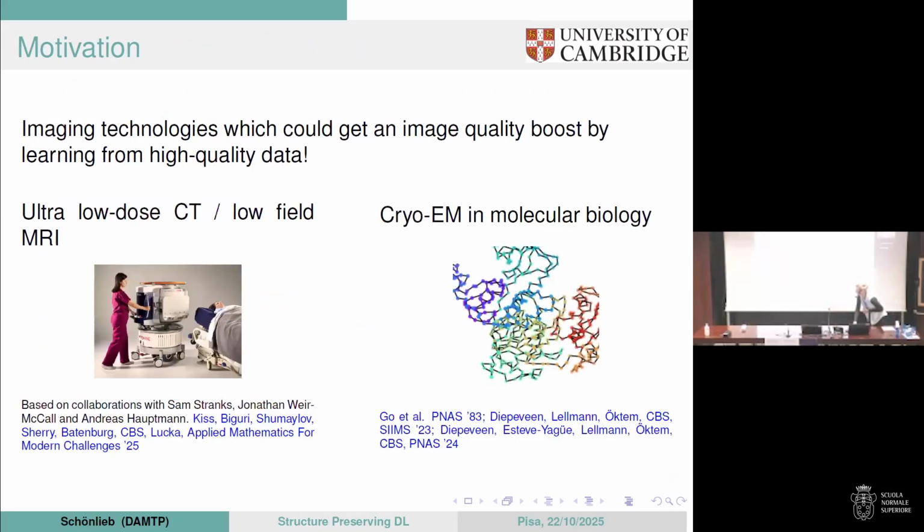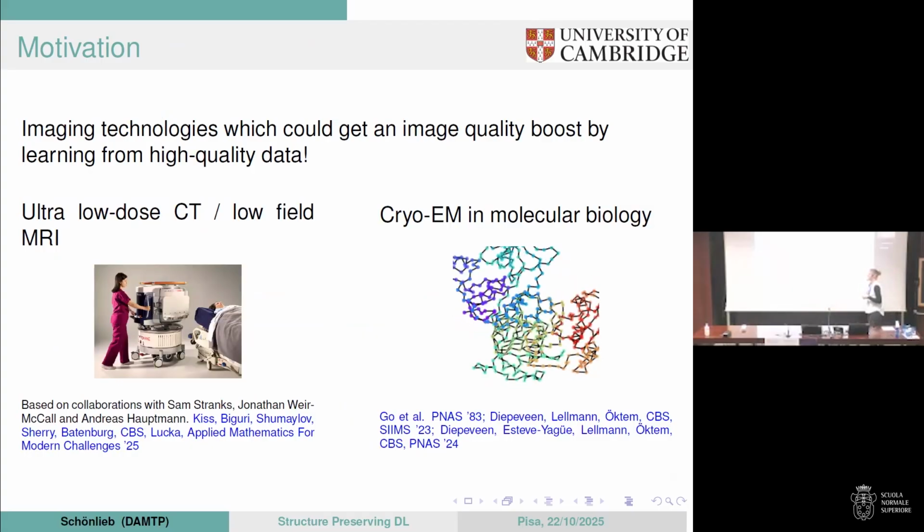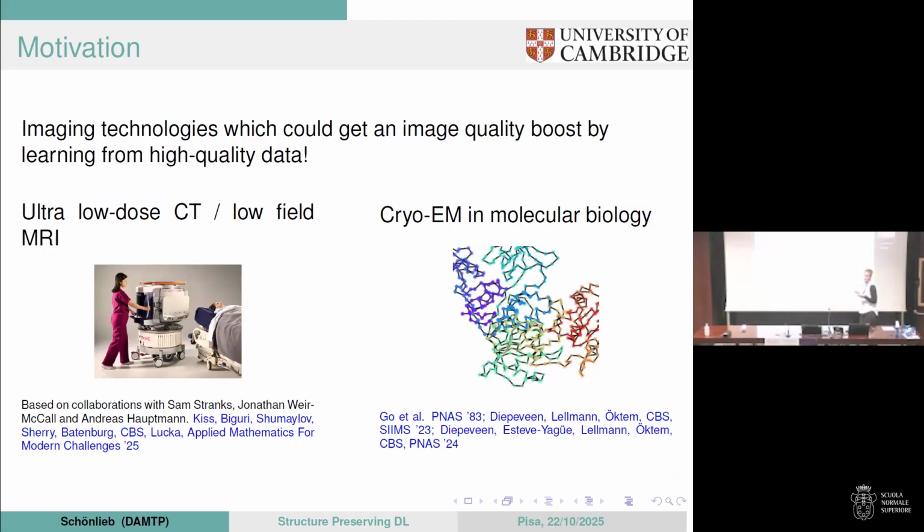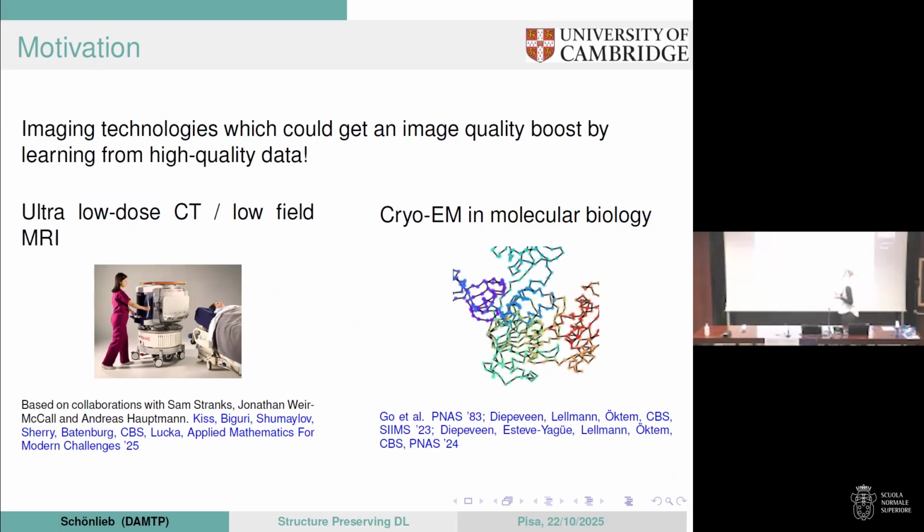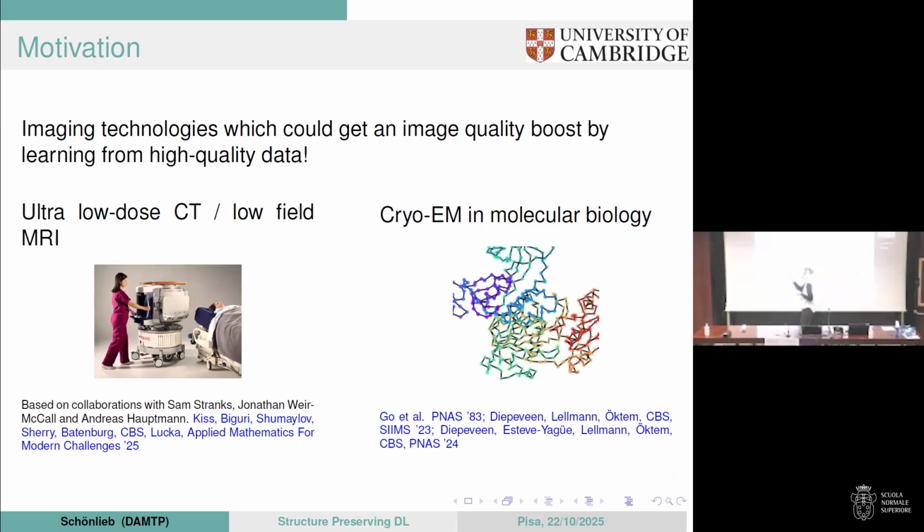The real reasons are technologies and application areas where the data is much worse. So one, for instance, to stick to the medical domain, is that there is a lot of development now around portable low-field MRI scanners, where the measurements are by construction much worse than in the usual clinical MRI.